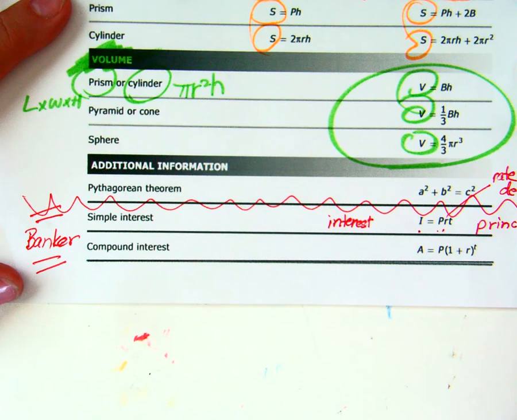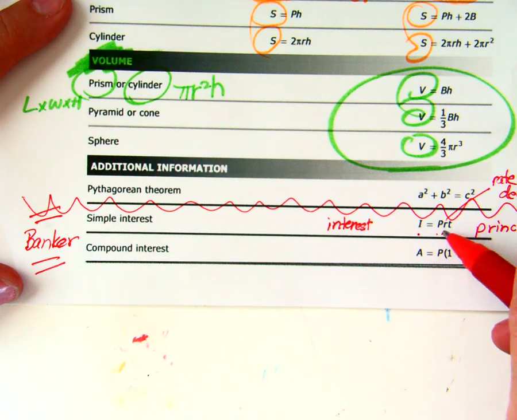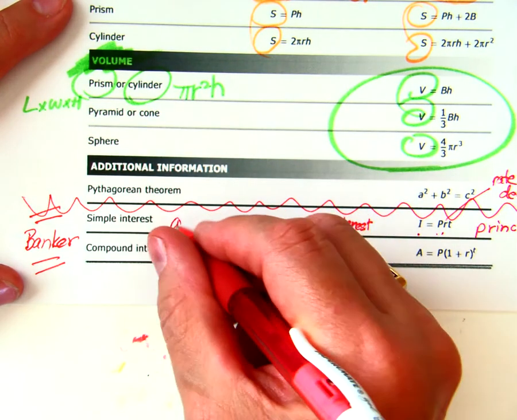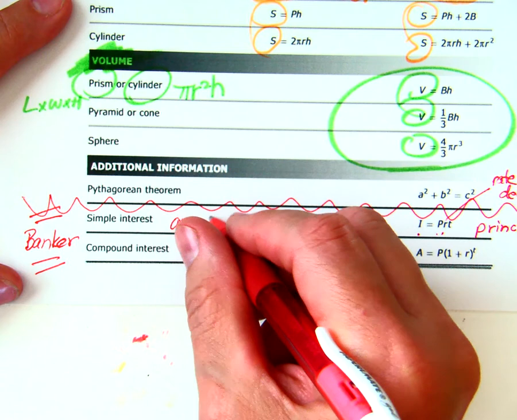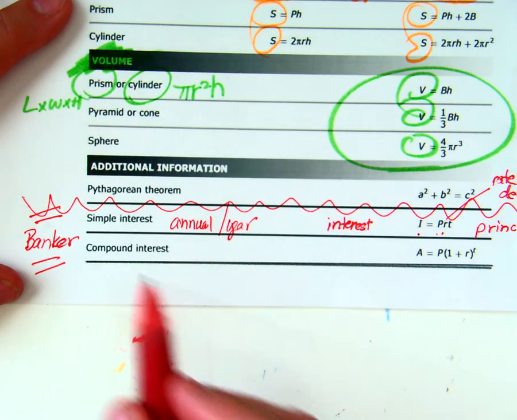You're usually given it as a percent, and you need to convert it. The P is principal. It's not percent. R is the one that goes for the percent of interest. This will always be annual, by the year, for simple interest.